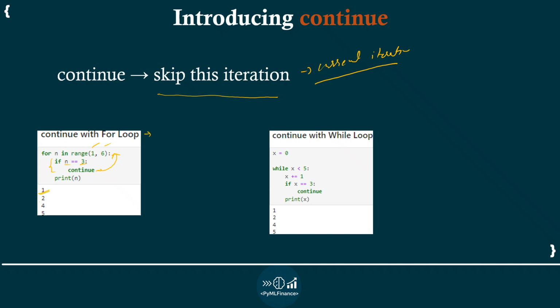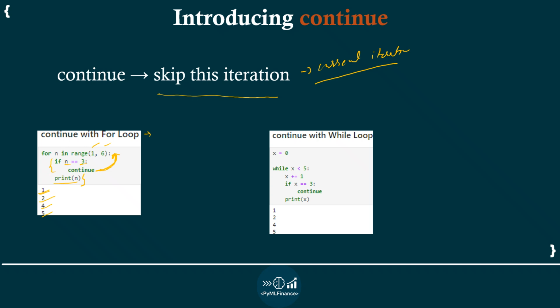For n equal to 2, the condition was false, so 2 was printed. For n equal to 3, the condition became true, so we have the continue statement. Now Python will not execute the rest of the code within the for loop. It will simply go to the for loop again and increase the n value. So n equal to 4 and n equal to 5 are printed here. n equal to 3 is simply skipped.